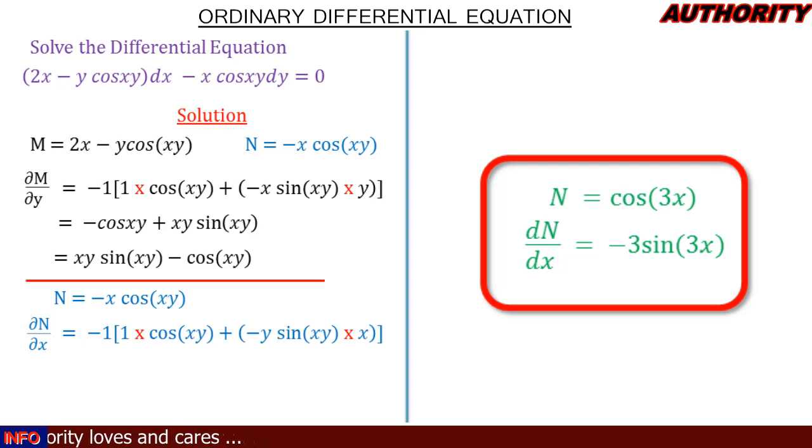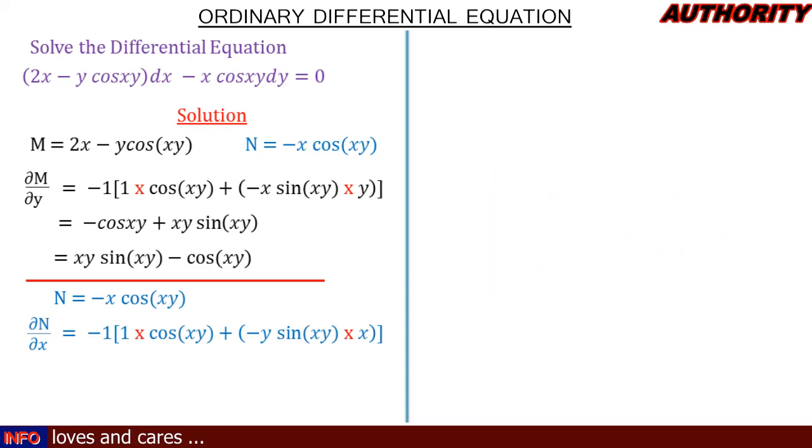So we regard y as a constant, and then that means we're going to have minus y sine xy. Then you remember, multiply by x outside. Okay, so here we're going to have minus 1 open bracket 1 times cos xy plus open bracket minus y sine xy multiplied by x. All right, good. Now let's go. Here we have 1 times cos xy is going to give us cos xy, then multiply by minus 1.